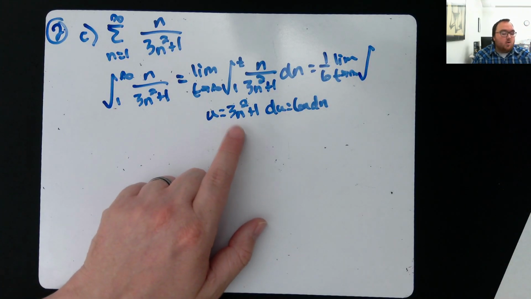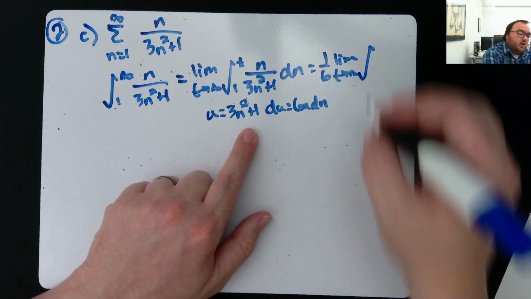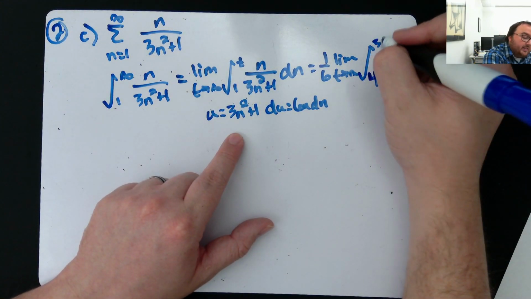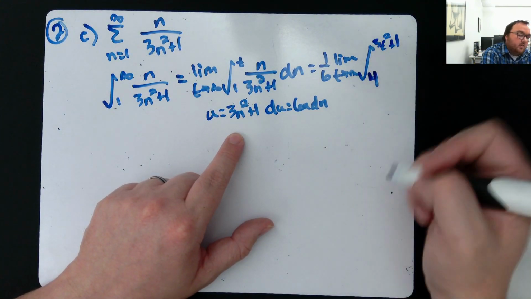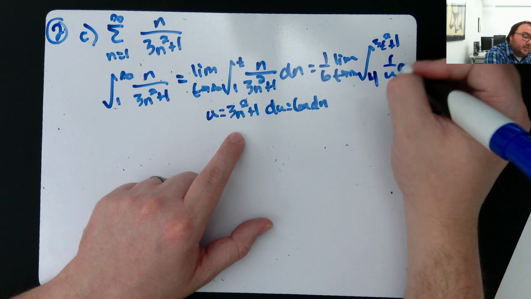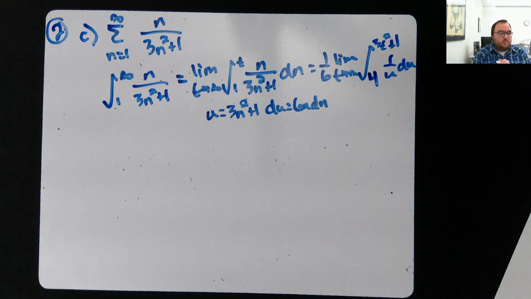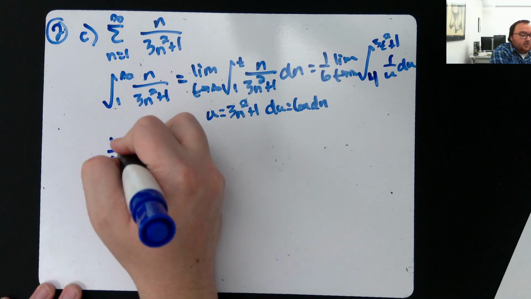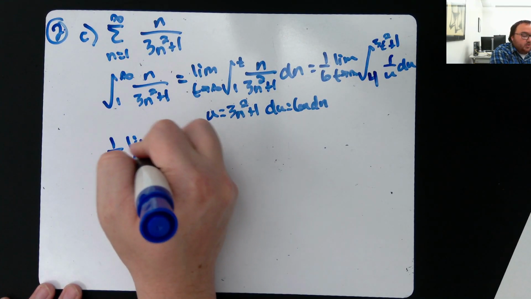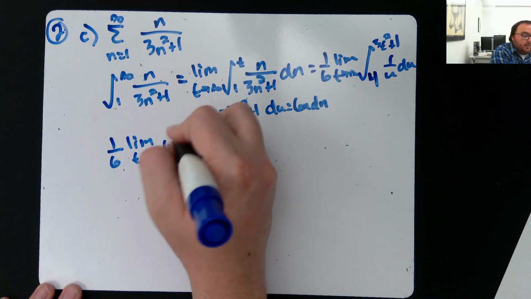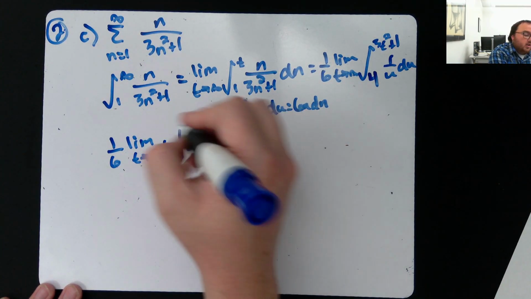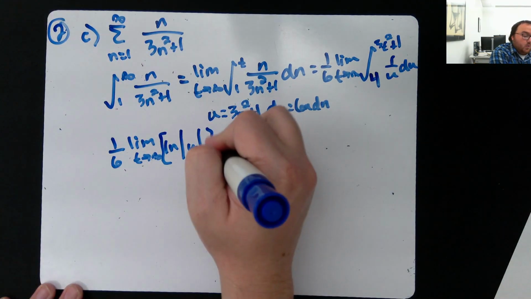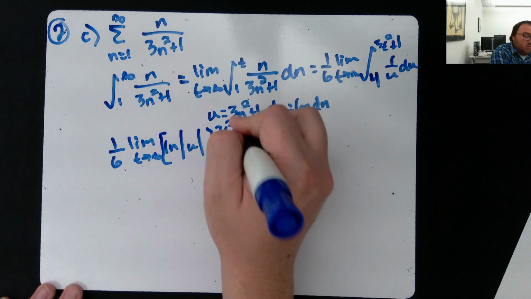Plug in a 1. 1 squared is 1, 3 times 1 is 3, plus 1 is 4. Plug in a t: 3t squared plus 1. 1 over u du. The antiderivative of 1 over u is the natural log. So limit as t goes to infinity, natural log, absolute value of u, from 4 to 3t squared plus 1.